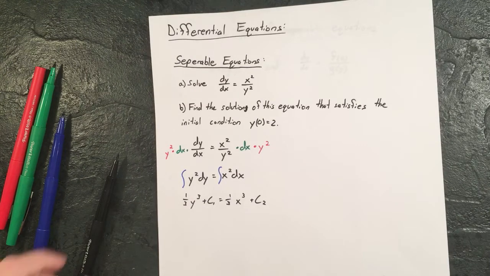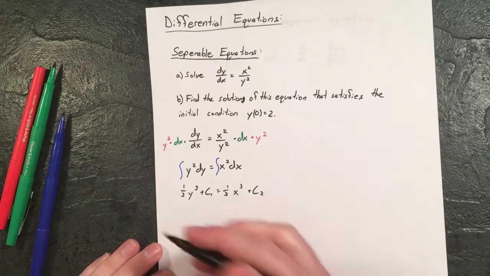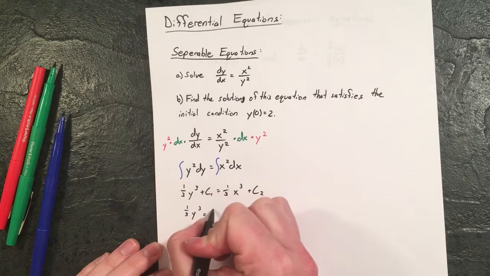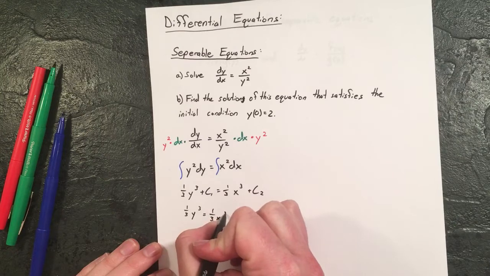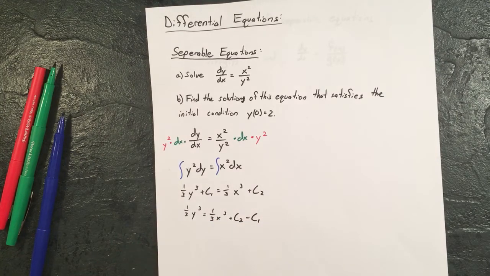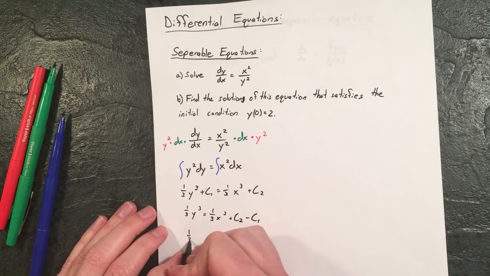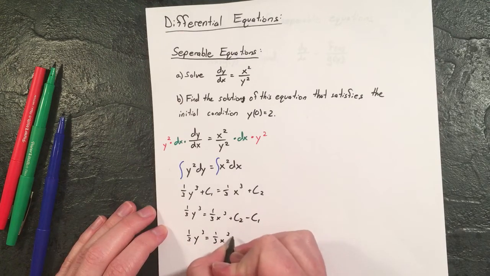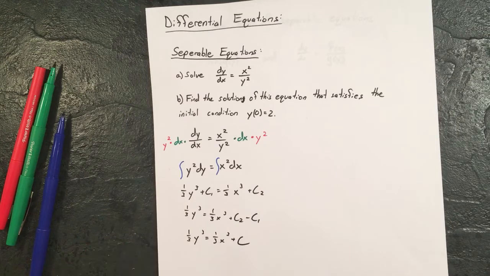We can kind of combine those constants. You could say it's constant 2 minus constant 1. However, since they're both constants and we don't know what they are, we can just say that they are some constant, c.